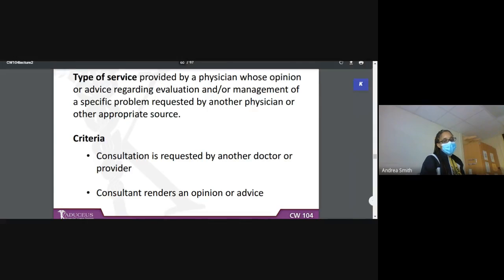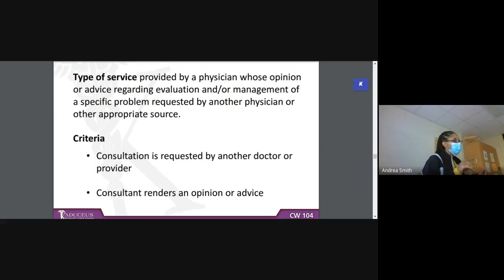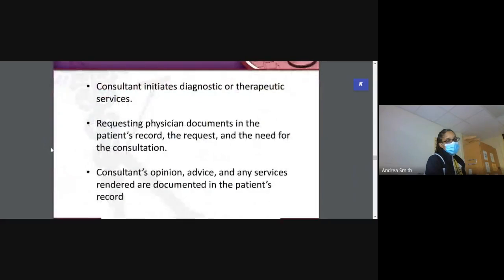Make sure that you understand the difference between the consultation and the consultant. The consultation is requested by another doctor or provider, and the consultant renders an opinion or advice based on the patient's condition. The consultant initiates any diagnostic or therapeutic services.